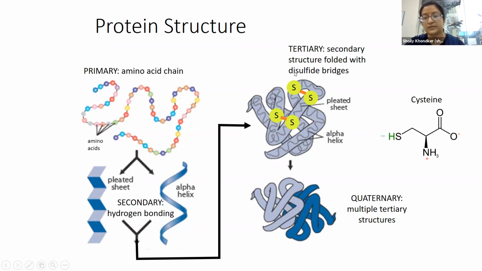So these disulfide bridges are formed by 2 cysteine residues forming this bond. And then quaternary structure, that doesn't apply to all proteins. This applies to proteins that are comprised of multiple subunits. So this essentially just means multiple tertiary structures forming a complex together.